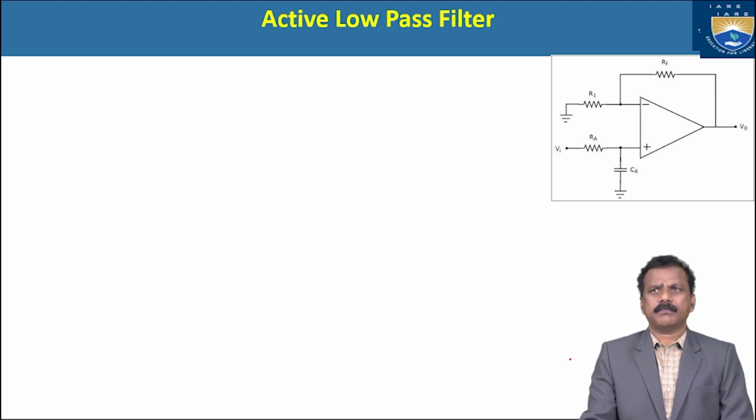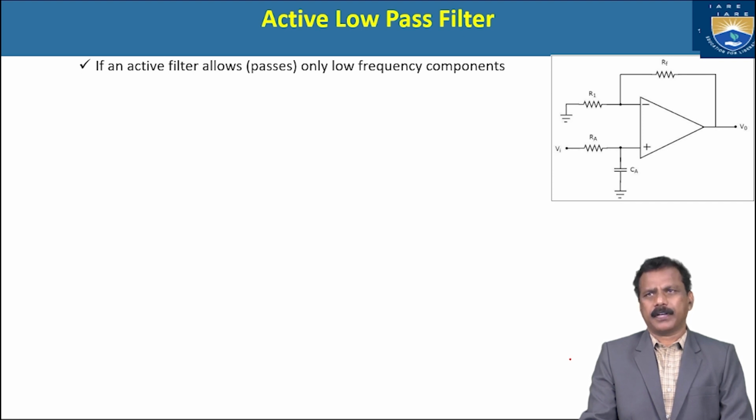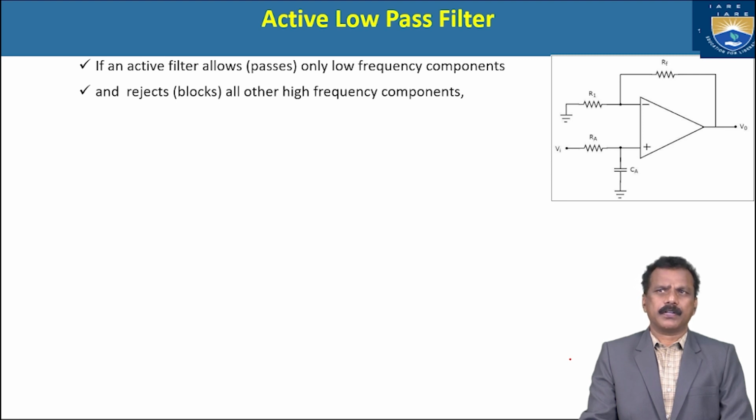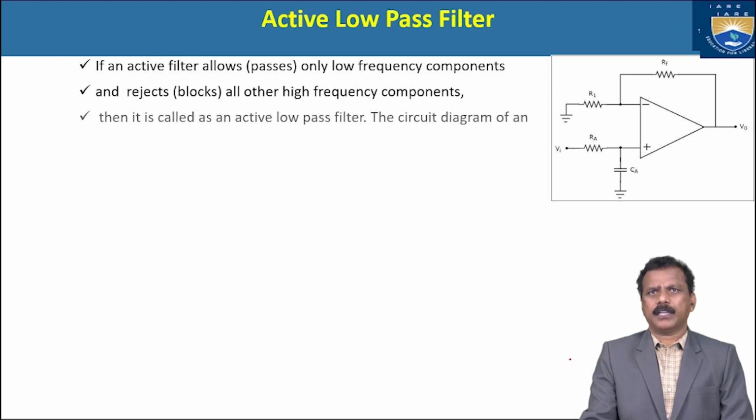In an active low pass filter, there is a possibility of using active components like a transistor or an operational amplifier. Here we are using the operational amplifier. An active filter that passes only low frequency components and rejects or blocks all higher frequency components is called an active low pass filter using an operational amplifier.